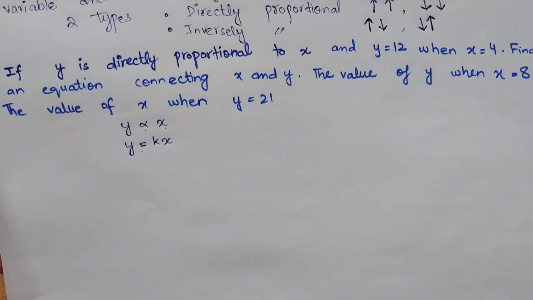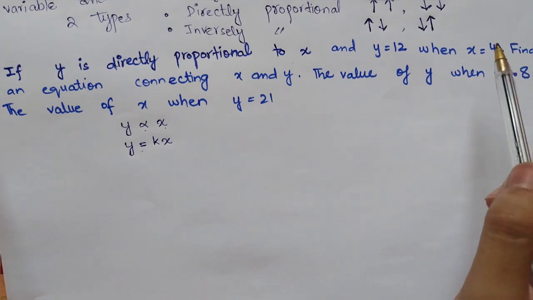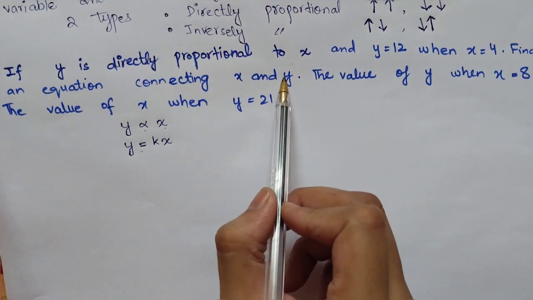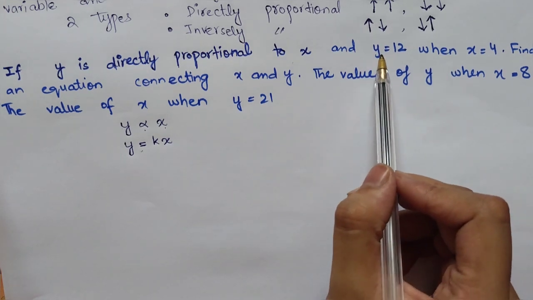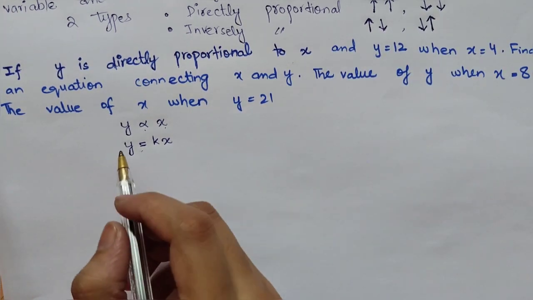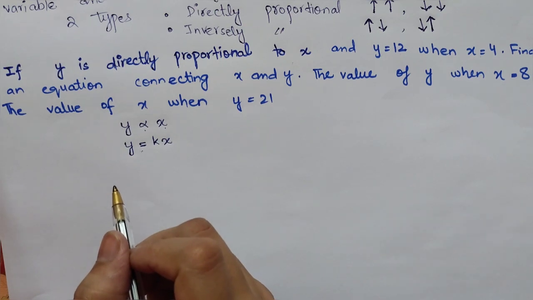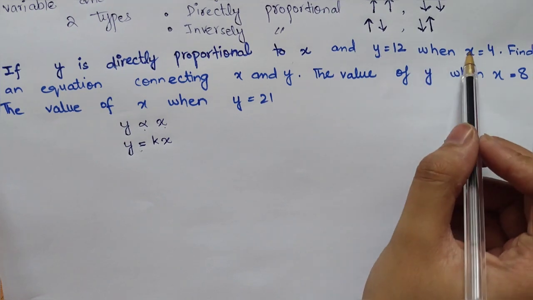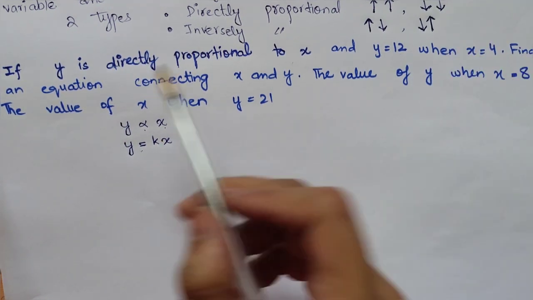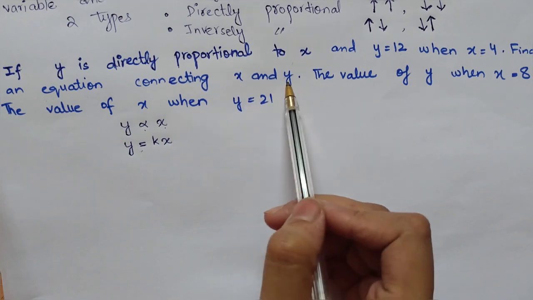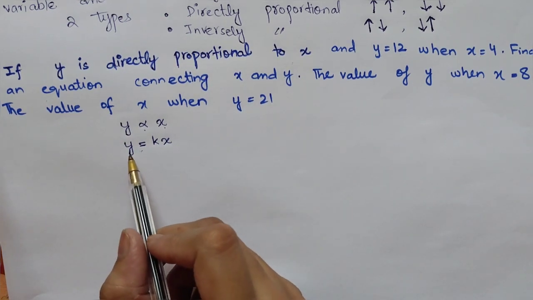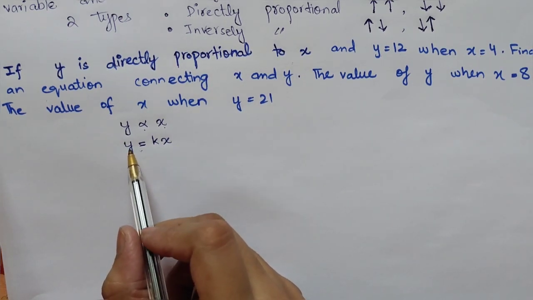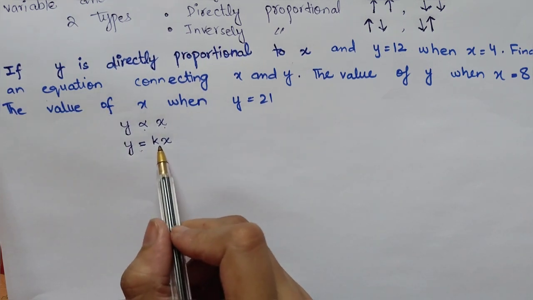K is a constant. Now we have to find an equation connecting x and y, and we are given the values of y and x. So firstly, using y and x, we have to find the value of k, so we can write the equation connecting x and y, because in this equation we have no value of y, no value of x, and no value of k.